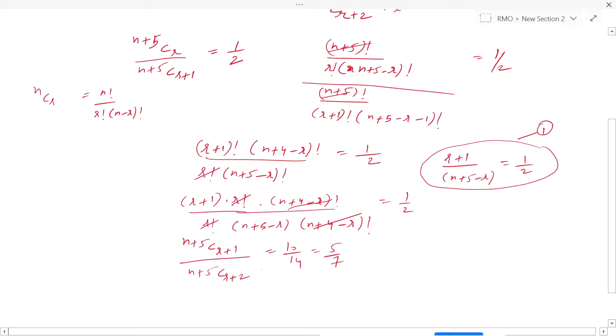Just simplify this also. What are you getting on simplifying this? We have to eliminate R, so I do 2 into R plus 1.